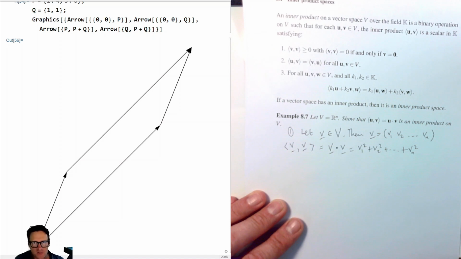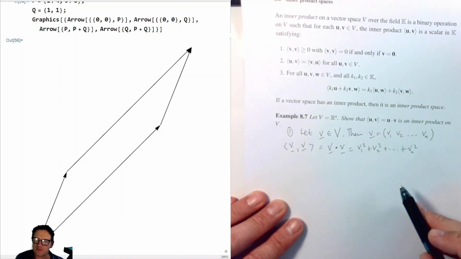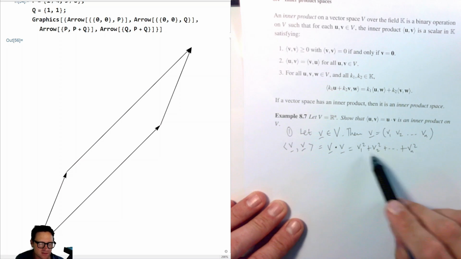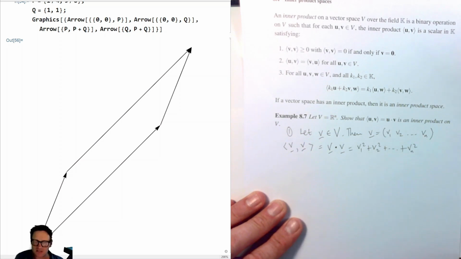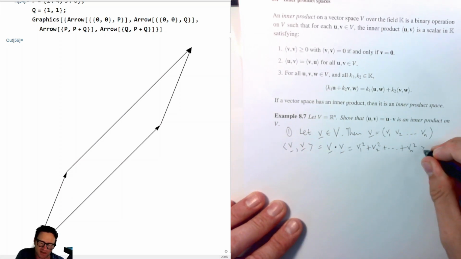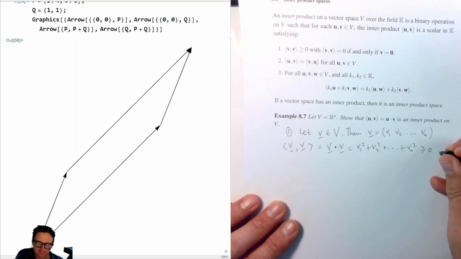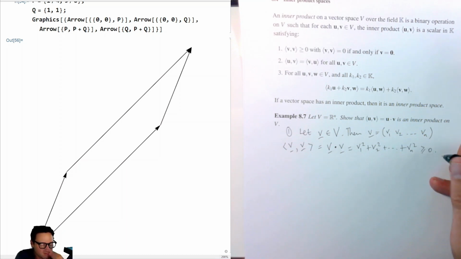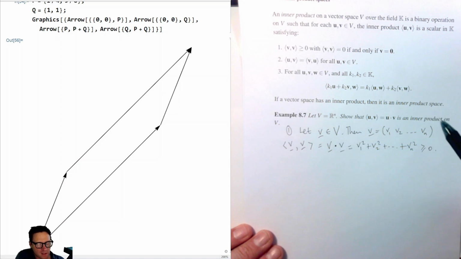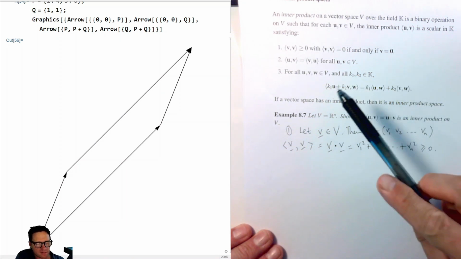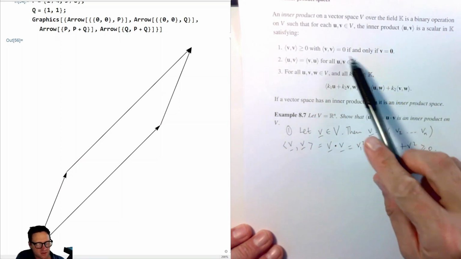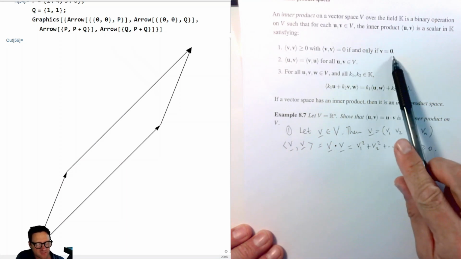Now this is always greater or equal to 0. Can this ever be negative? No, because these are all squares. It's a sum of squares, so it must be greater or equal to 0. Okay, now the inner product of v with v is 0 if and only if the vector v is 0.